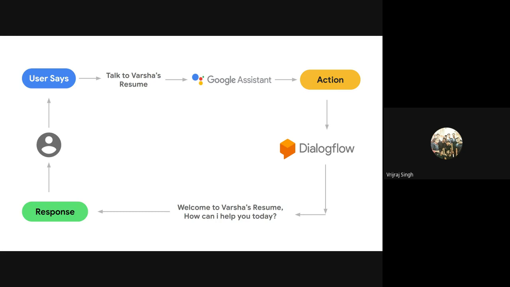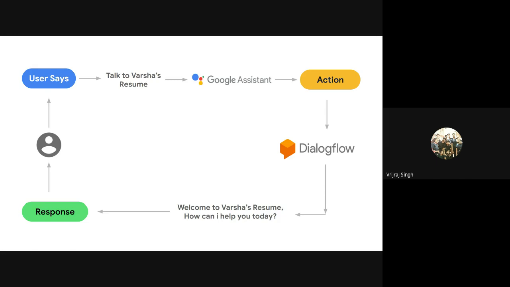That will be invoked, and that action will go to Dialogflow. Inside Dialogflow, we have written the intents, meaning similar types of questions, as well as some questions as training phrases, and then we have responses. Dialogflow will check what type of question the user is asking, check the response inside that particular intent, and then the response will be sent to the user, and you will get the response from the Google Assistant.